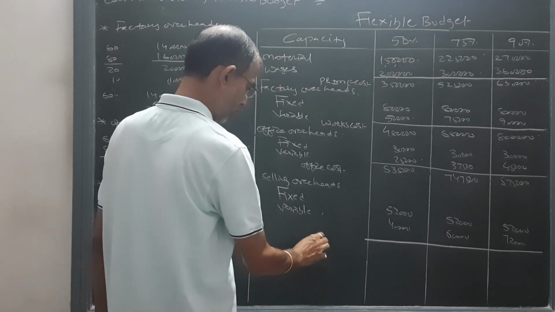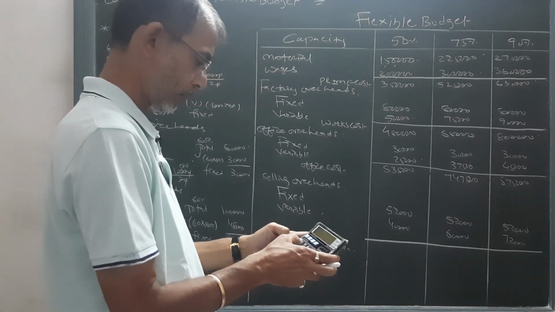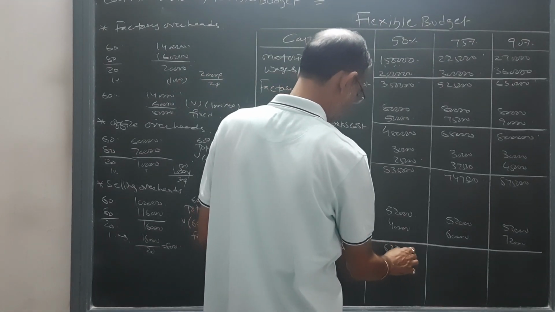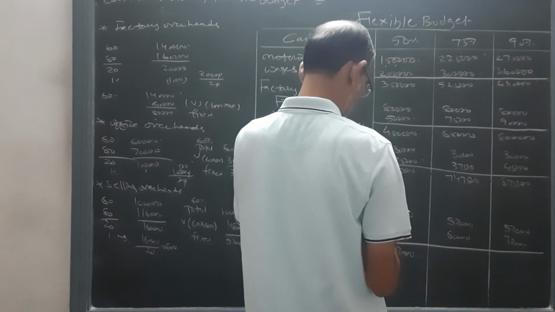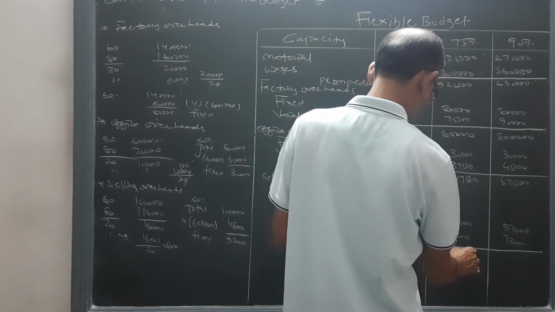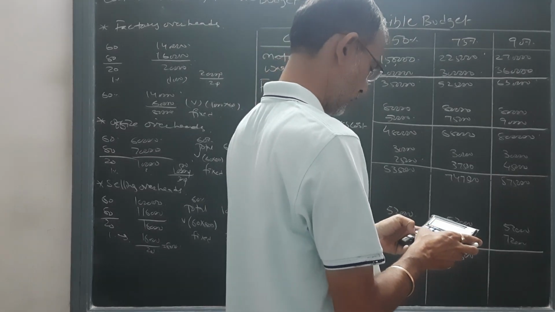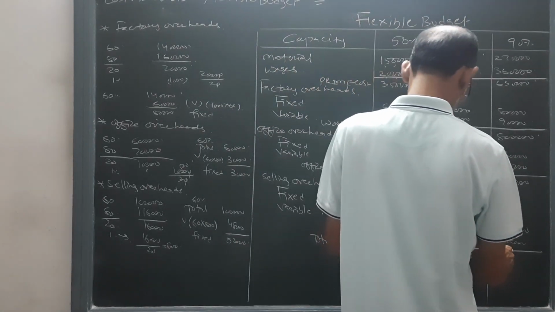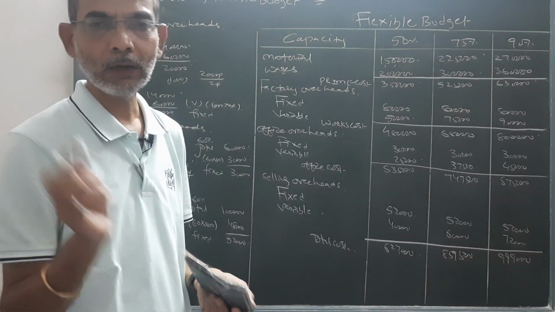So this will be total cost: 535 plus 92, 6,27,000. 474,500 plus 52,000 plus 60,000, 8,59,500. Then after 8,75,000, 52,000 and 72,000, 9,99,000. This is the total cost.